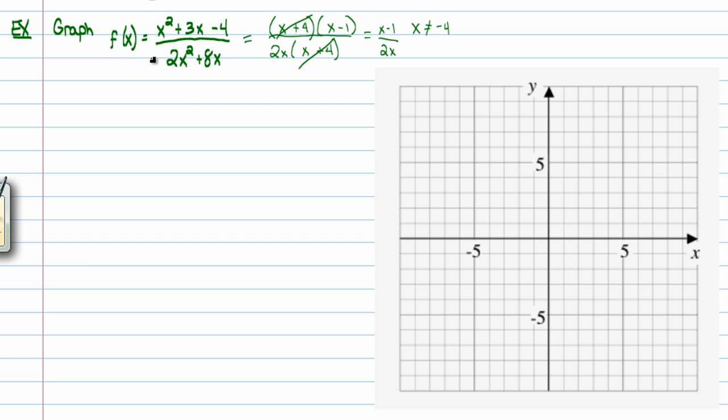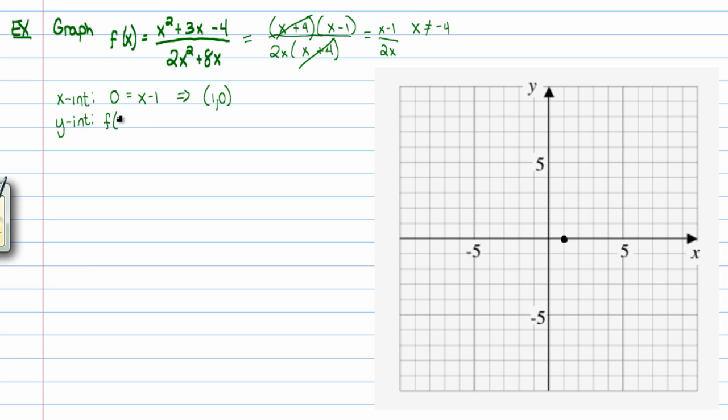I'll give myself plenty of room for graphing at this point. So the x-intercepts, if there are any, let the output be 0, and you'll find that that equals x minus 1. Okay, great. So that means that when x is 1, we have an x-intercept. And I'll go ahead and plot that here. And let's go ahead and find the y-intercepts, if there are any.